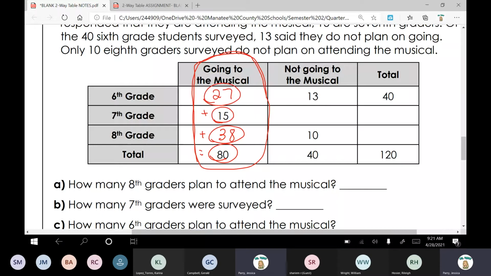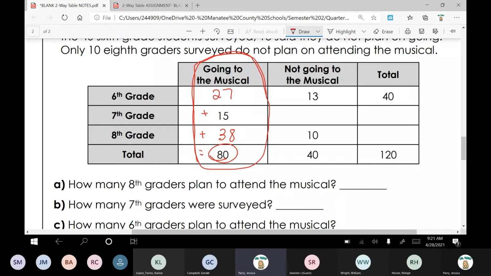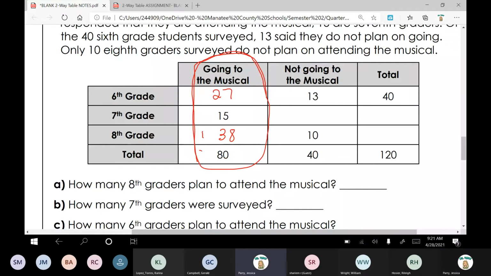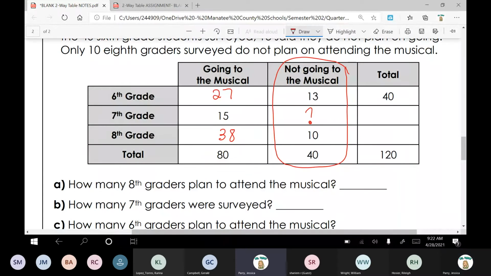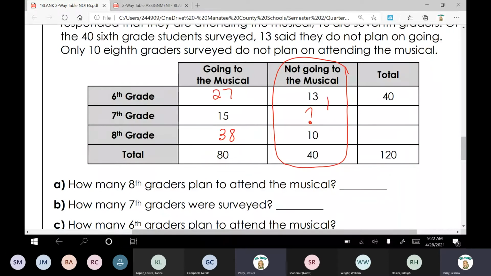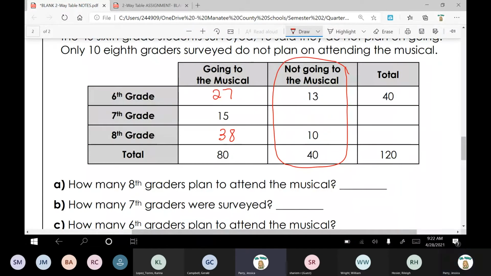Okay, so now let's do our next section here. Our not going to the musical. Okay, so this is the one that we're missing here. We know that normally we would add this plus this plus this should equal 40, but we're missing that one in the middle there. So let's go back and do subtraction. 40 minus, you need to subtract this one and this one.